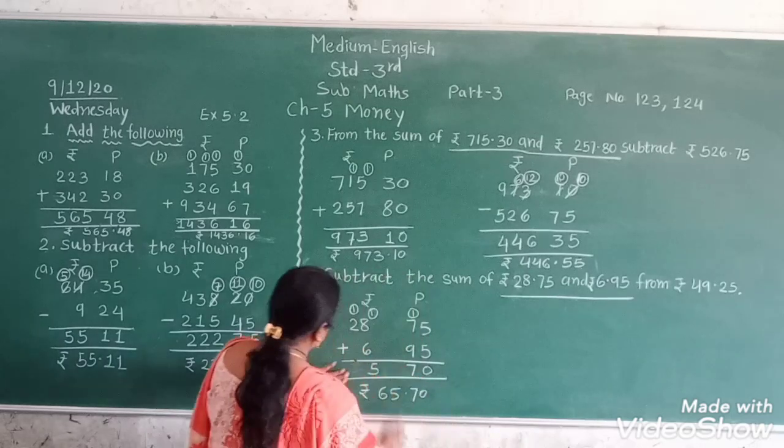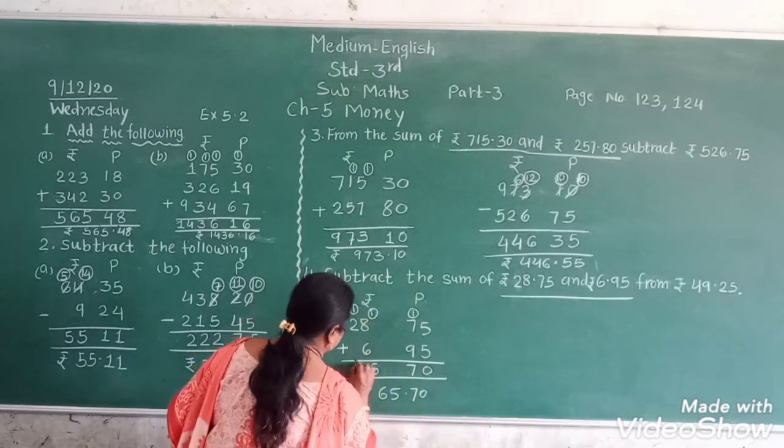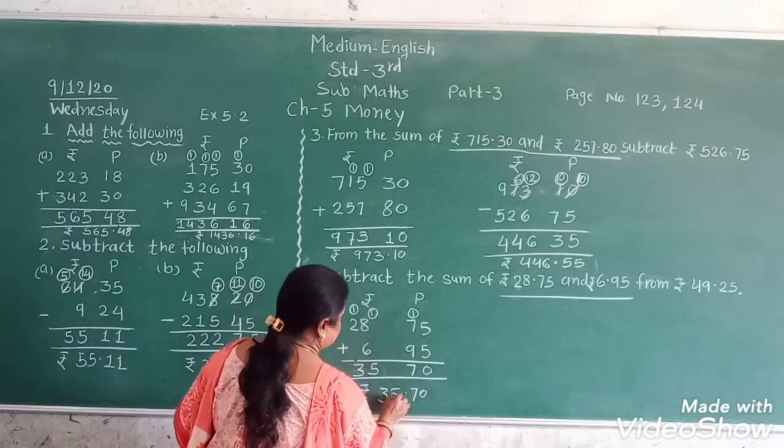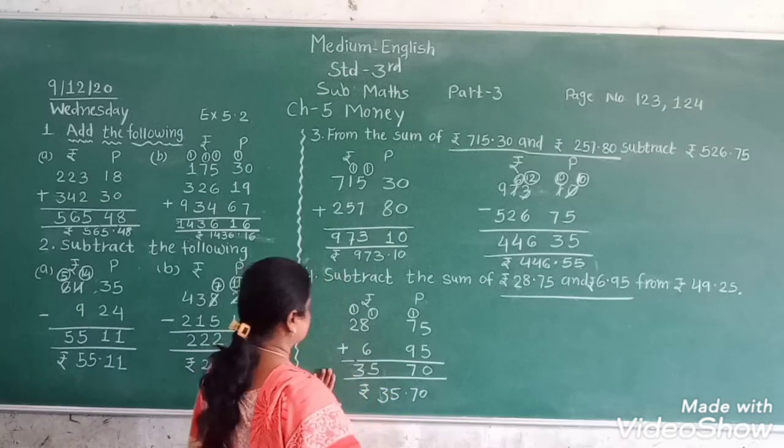Sorry, here 1 into 3. So 35 rupees and 70 paise.